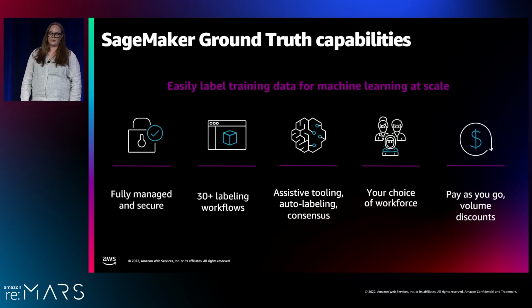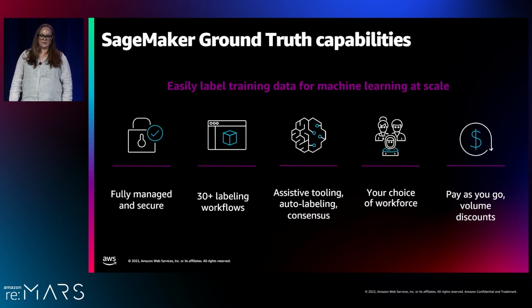To help customers overcome these challenges, AWS offers Amazon SageMaker Ground Truth, a managed data labeling service, as well as Ground Truth Plus, our turnkey option, which handles the entire data labeling process on your behalf. Ground Truth enables you to sign into the AWS console, launch a labeling job, or alternately just use the AWS SDK to launch labeling workflows. We jumpstart your training data process with more than 30 labeling workflows for computer vision and NLP use cases.